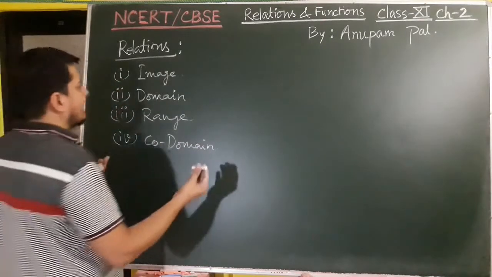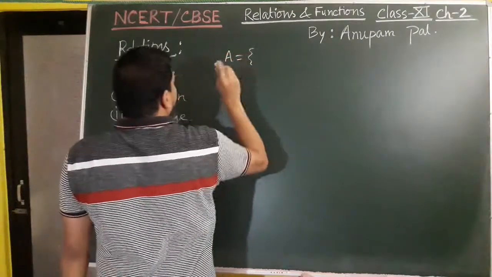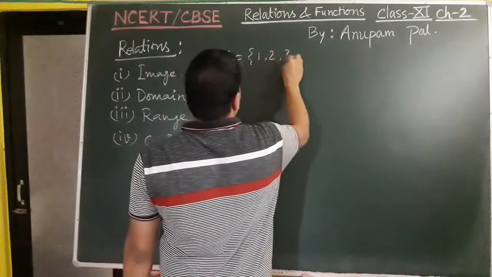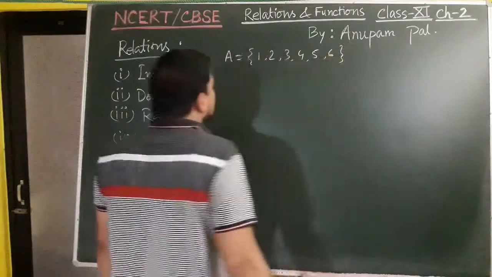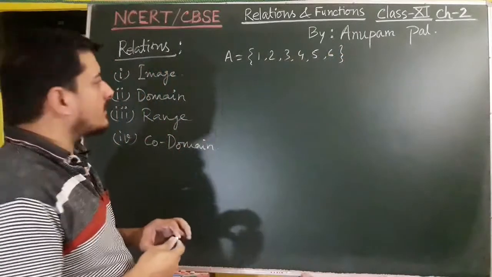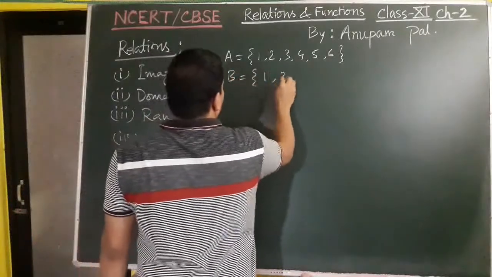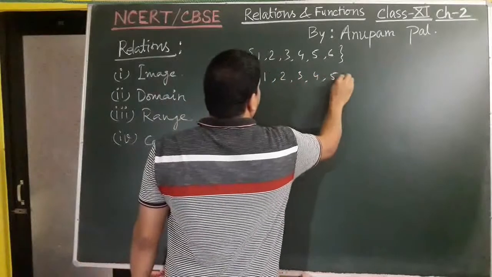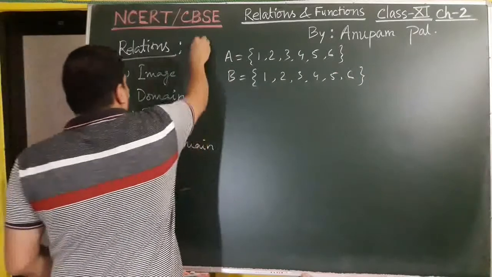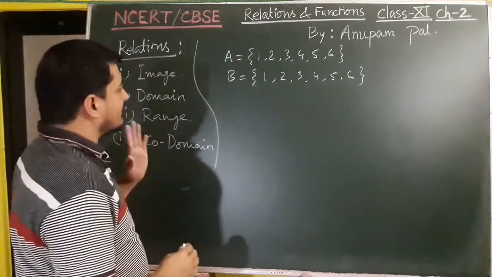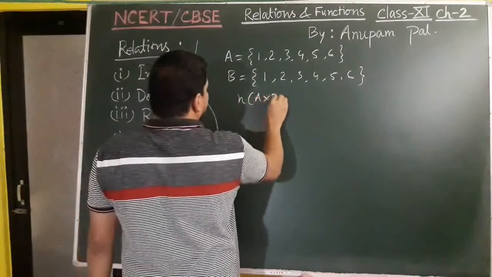Suppose you have a set A, which is 1, 2, 3, 4, 5, 6. This is given in your book. Suppose you have one more set B, which is again 1, 2, 3, 4, 5, 6. Then how many elements will be there in A cross B?